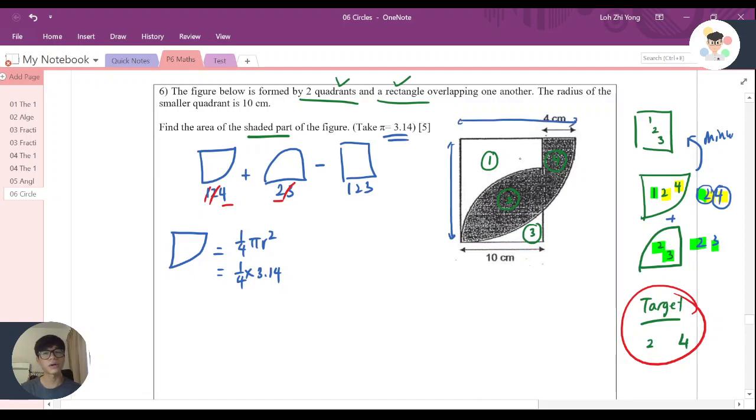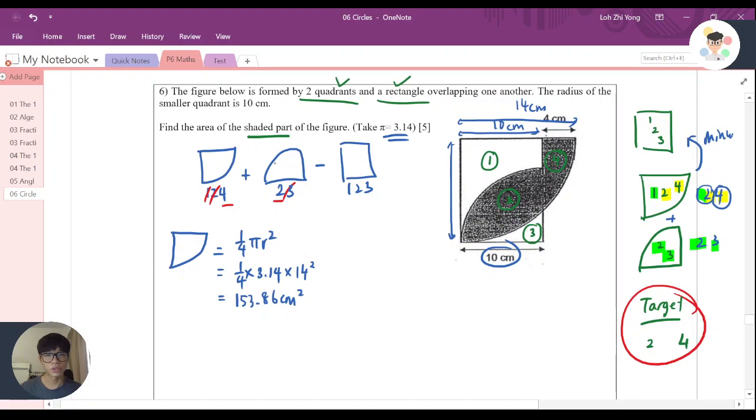But how can I know the radius? I know here is 10, and here is also 10 cm, so in total it's 14 cm. So my radius is 14. Press on your calculator, 1 over 4 times 3.14 times 14 squared, and you find it is 153.86 cm squared.